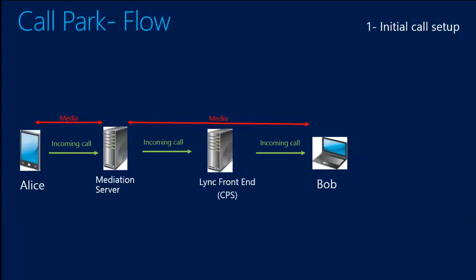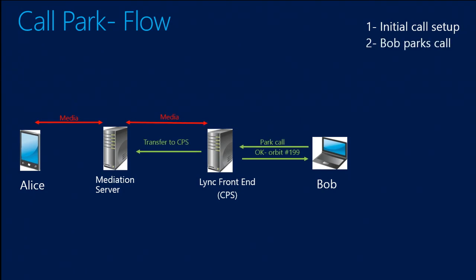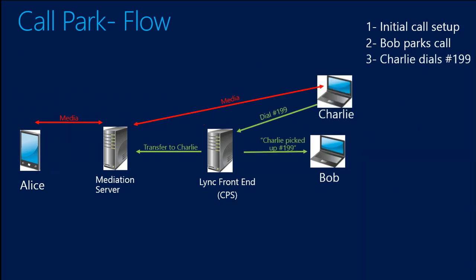This is just the call flow which we have. Alice calls, and the call goes to Bob, and he parks the call, and then the announcement is done. Okay, there is a call park, and then Charlie goes and maybe dials the orbit number #199, and he can pick up the call.